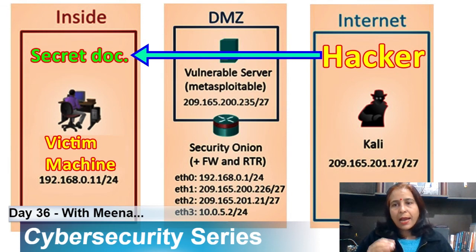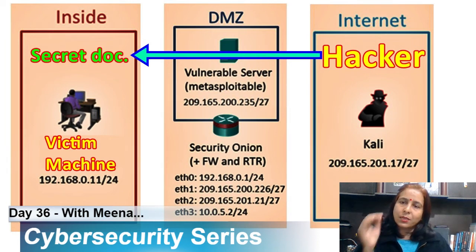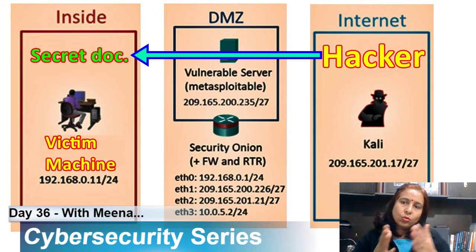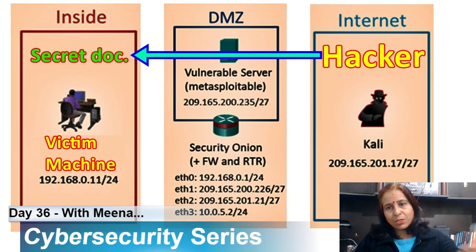Then they create some kind of attack so that they can exploit that vulnerability. Once they get control over that DMZ server, they will access the root login, and after that, using that root login, they will try to enter the inside machine on the local network, because that is connected with the security devices, firewalls.